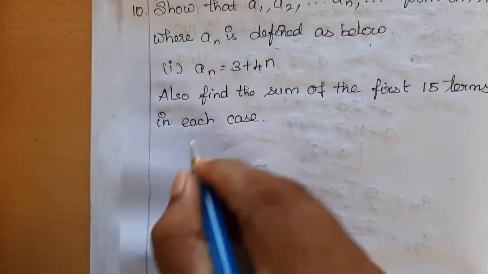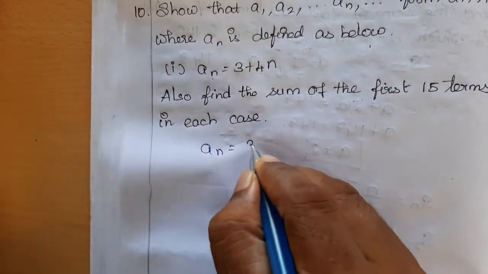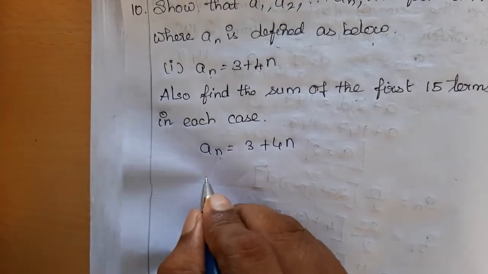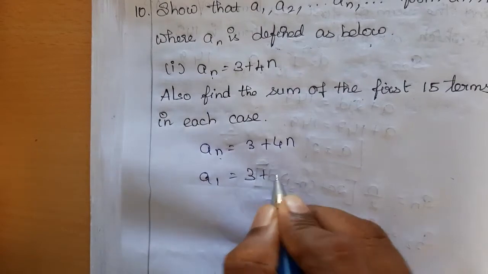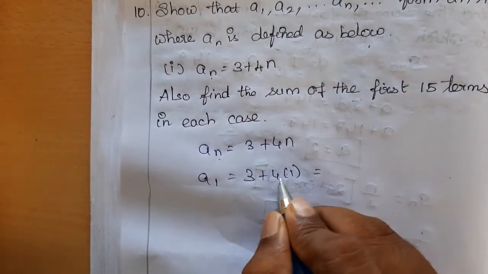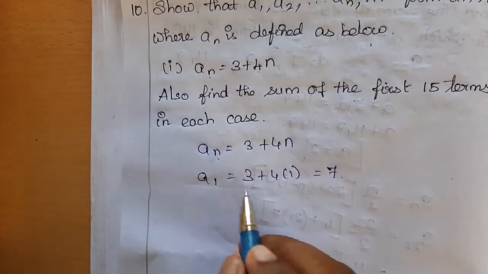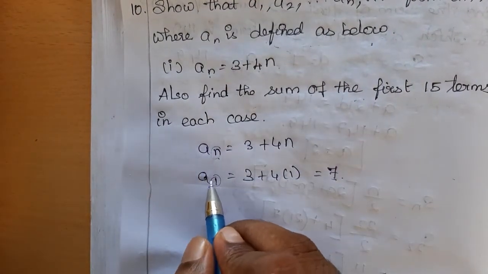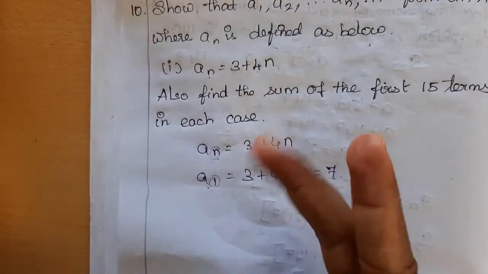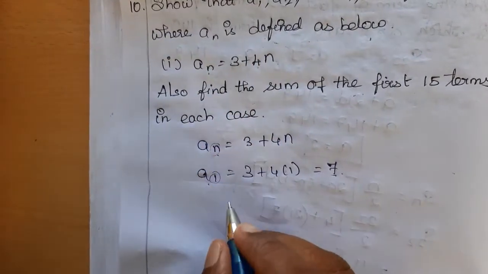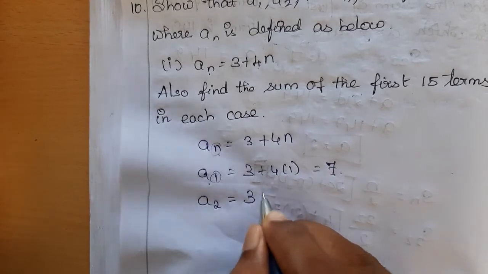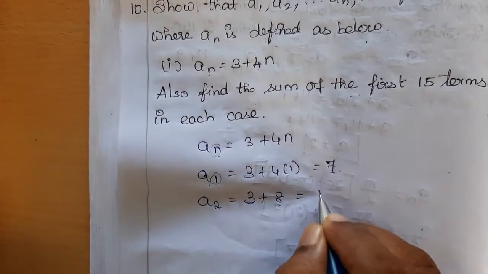It is given an is equal to 3 plus 4n. To obtain the first term, let us substitute 1 here. So a1 is equal to 3 plus 4 into 1, equal to 7. So first term we got, right? If we put 2, we will get the second term, because it is a general formula. So a2 is equal to 3 plus 4 twos are 8, which is equal to 11.